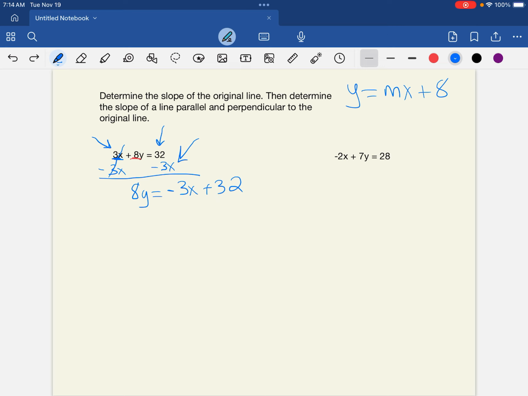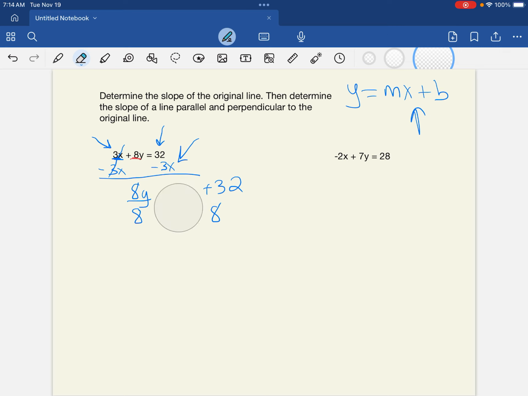Okay, the next thing I would do is divide everything by 8. Before, we just drew a line and said, hey, everything gets divided by 8. Again, we want our equation to be in slope-intercept form.